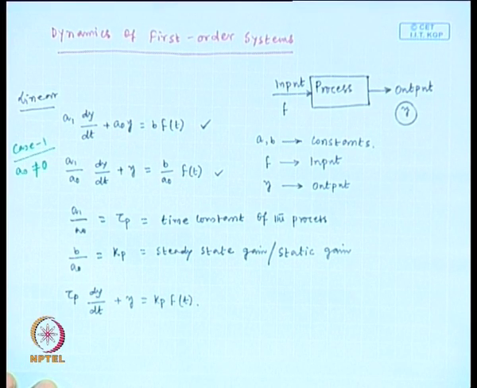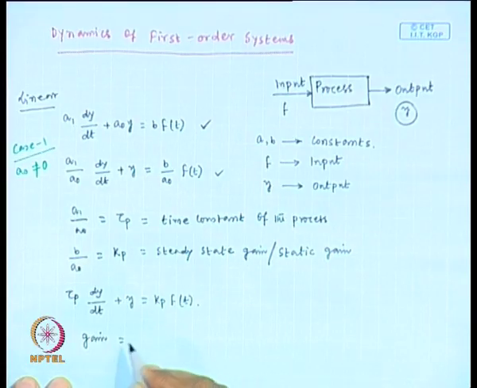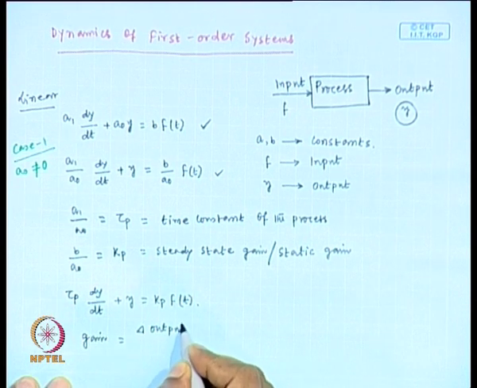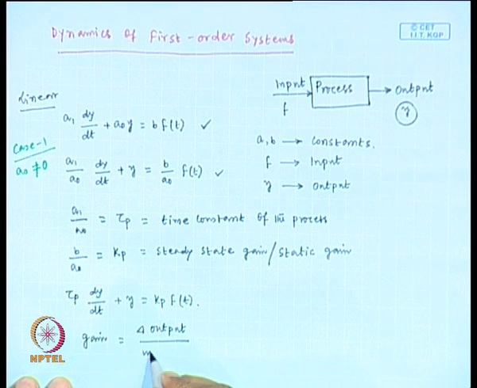Fine. Now, what is gain? Gain is basically the change in output per unit change in input. I mean gain equals change in output divided by change in input.